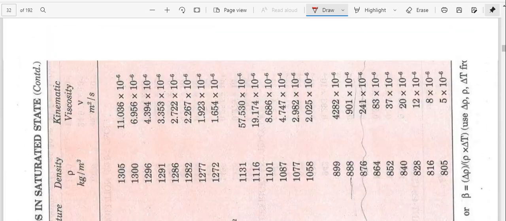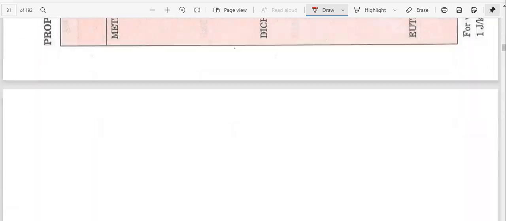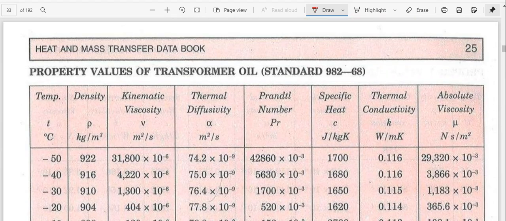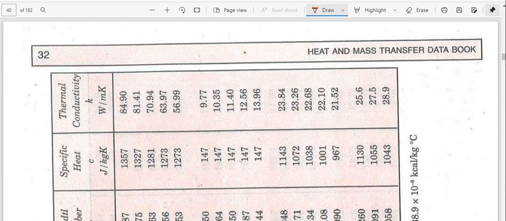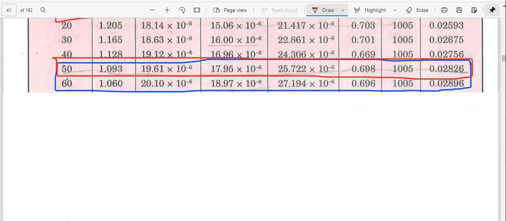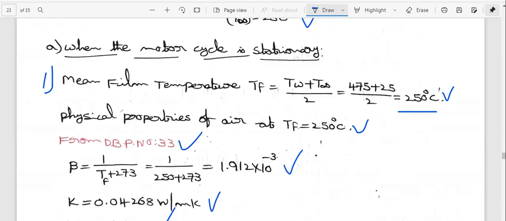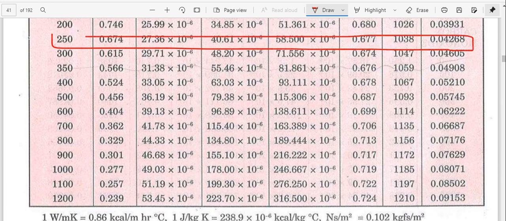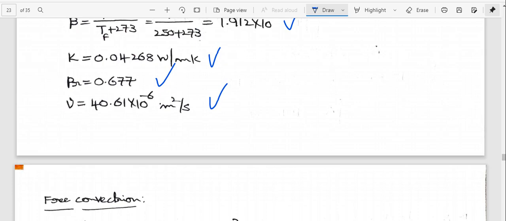What is the temperature value? 250. We need to consider these 250 values. Here the Prandtl number value is 0.677.